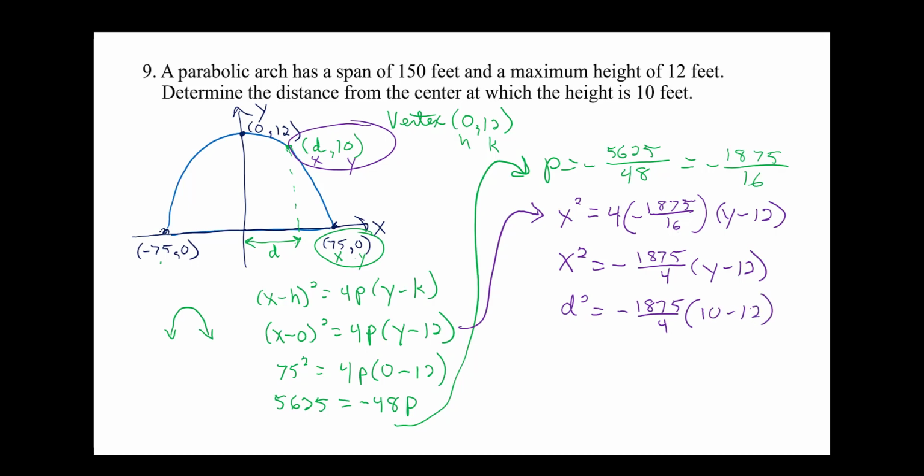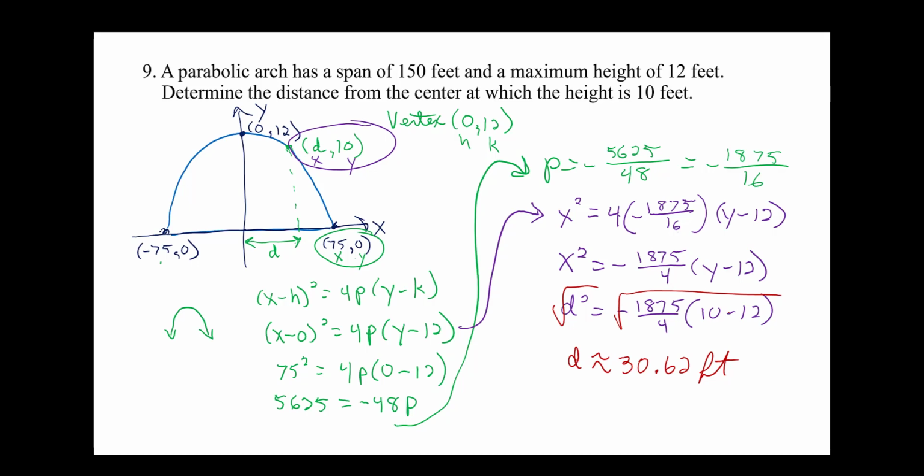And we can solve for d squared there. And if we solve for d squared and then we take the square root of both sides, we're going to end up with d is approximately equal to 30.62 feet.